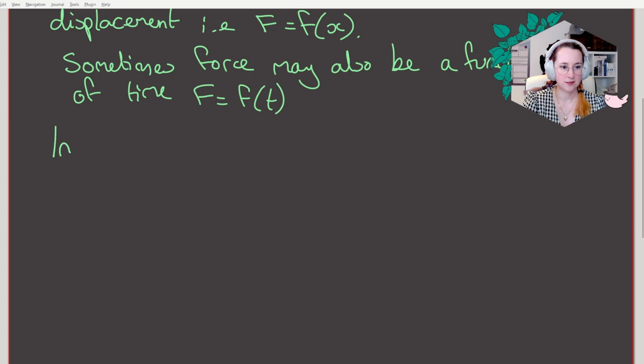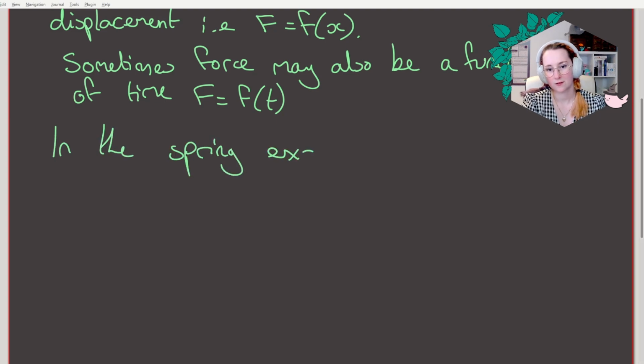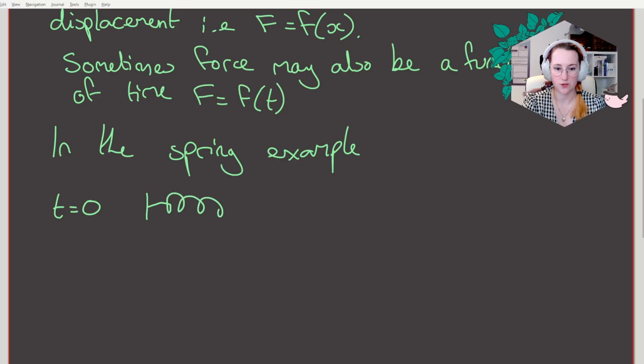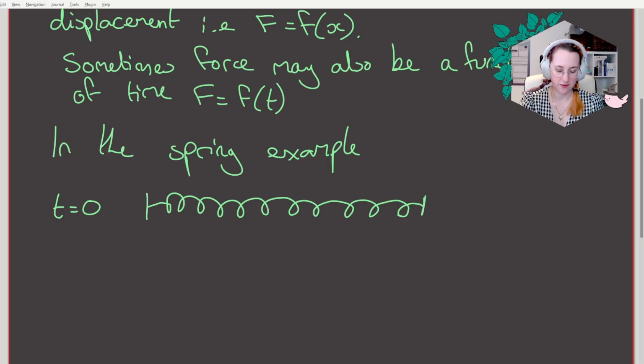So in the spring example, say you have some t equals 0, and then say this is my spring, and it's sort of stretched out to some length there, where say its natural length is this long, right?